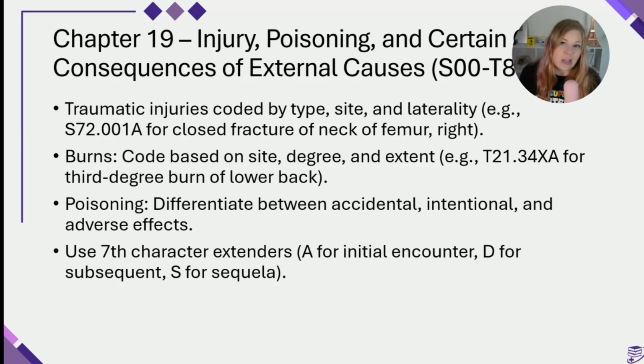So things like our traumatic injuries, fractures, lacerations are often coded by the type, the location, and the laterality. So like S72.001A is for a closed fracture of the neck of the femur on the right side. So these get very, very specific.